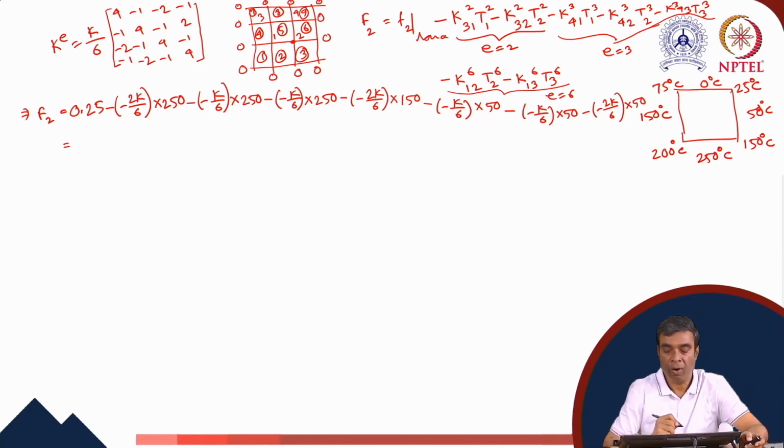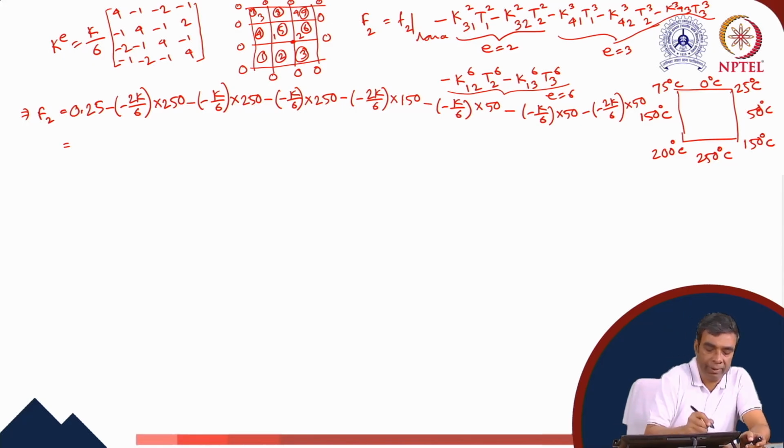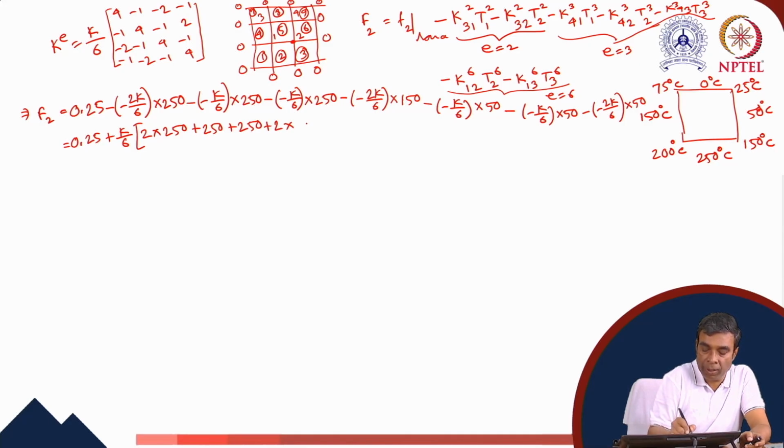We can see that all the terms are positive and all the terms in the EBC contribution have a common term of K by 6. So we simplify it as 0.25 plus K by 6 into 2 into 250 plus 250 plus 250 plus 2 into 150 plus 50 plus 50 plus 50.